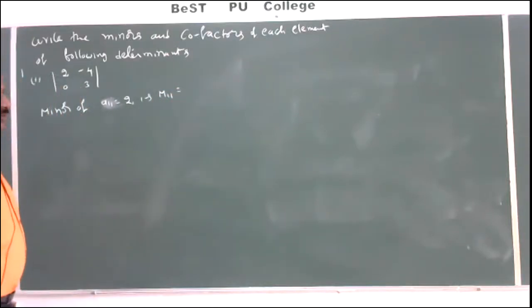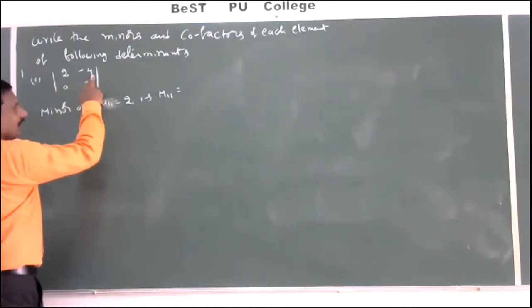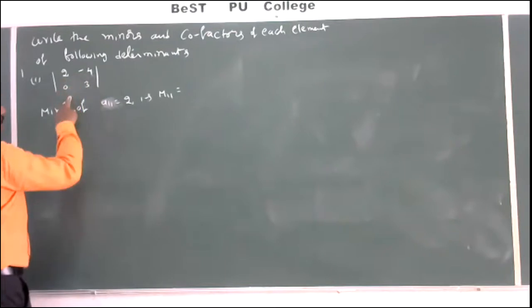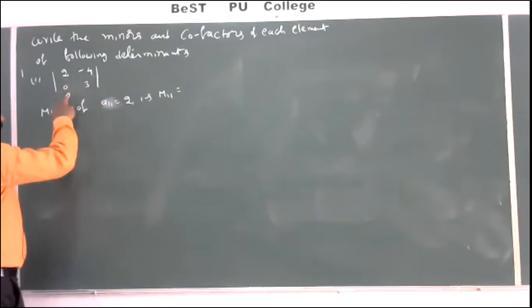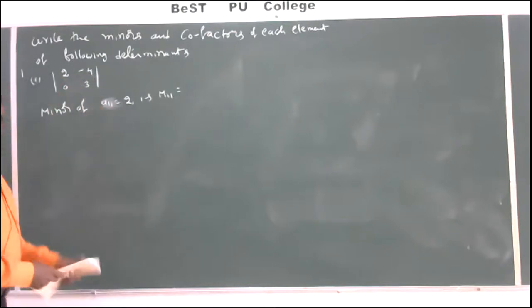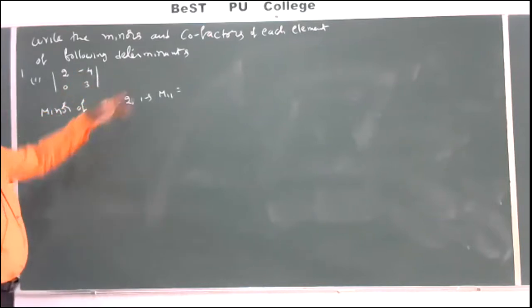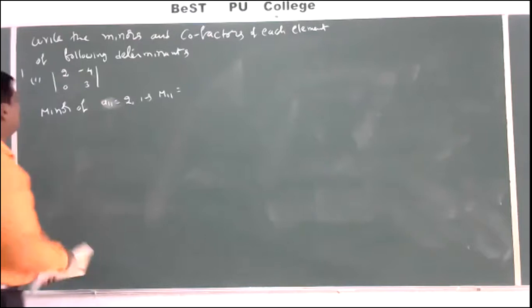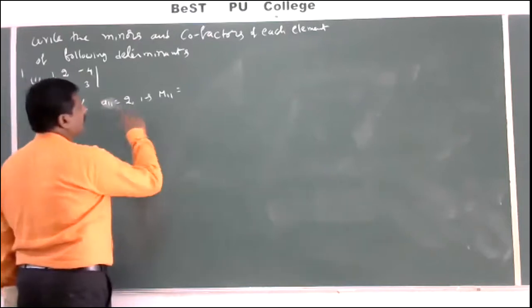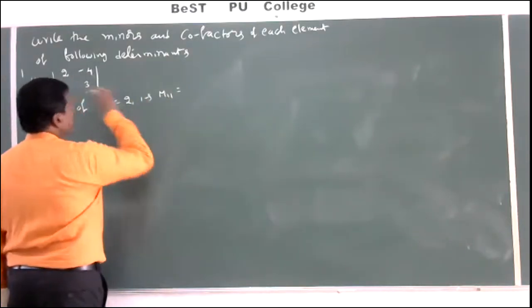Since it is a 2 by 2 determinant, we can write this directly. If you leave the row and column where the element is present, write down the determinant of the remaining submatrix. The submatrix will be 1 by 1, so directly that value is the determinant. That means the minor of a11 is M11, that is equal to 3.